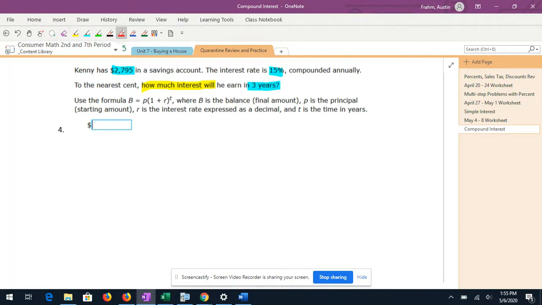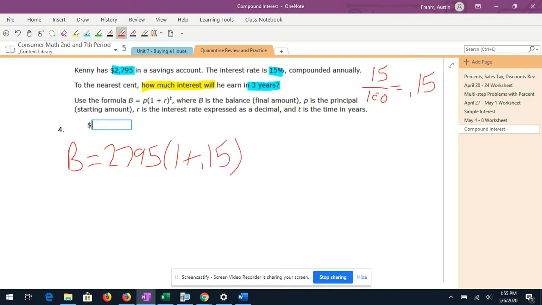Let's calculate B first. B is going to equal our principal of 2,795 times 1 plus our interest rate, which we should change to a decimal by dividing it by 100, which would be 0.15, raised to the T power, which is 3.